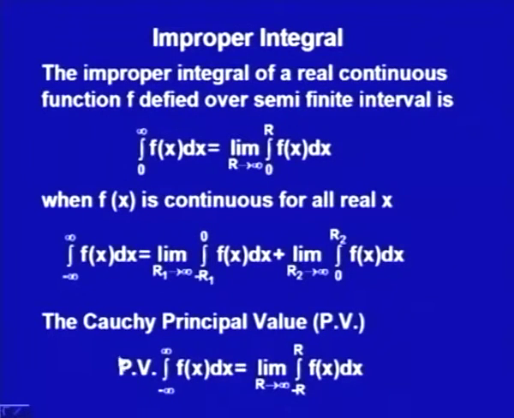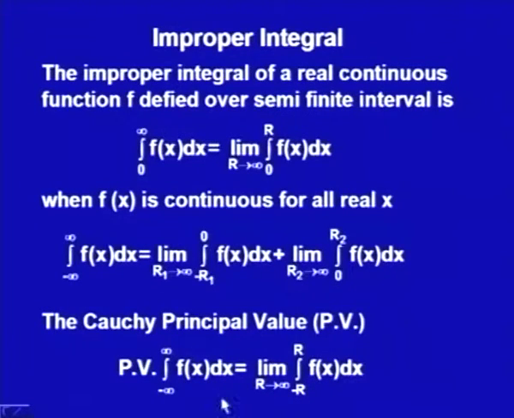In other words, if this integral is convergent, then its value is nothing but the Cauchy principal value. Rather than calculating these two limits, we calculate only this single limit, where we integrate from minus r to plus r of f(x) dx.